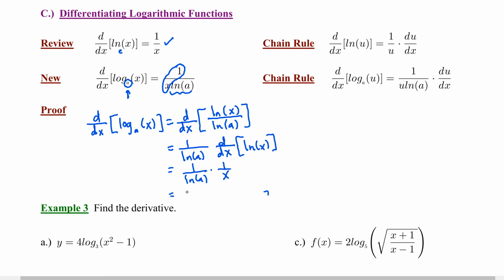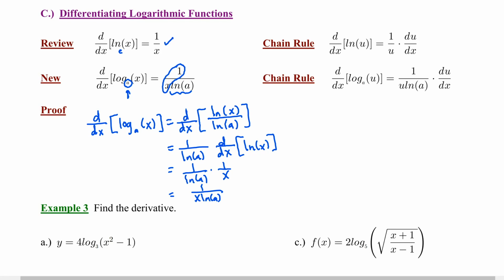Now, if we clean this formula up just a bit to match its original presentation, we end up with the derivative with respect to x of log base a of x is 1 over x times natural log of a. So the big idea is if you're differentiating a logarithm with a base other than e, you still follow the pattern of writing 1 over the argument, but then you multiply by natural log of the base.